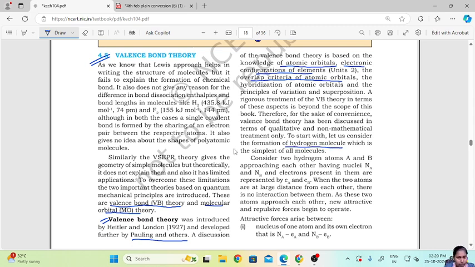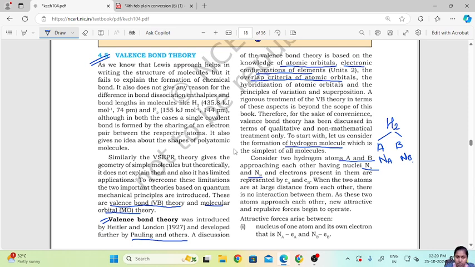Now consider two hydrogen atoms, A and B. The hydrogen molecule is H2, so consider both hydrogen atoms, one as A and the other as B, approaching each other, having nuclei Na and Nb. N stands for nuclei.